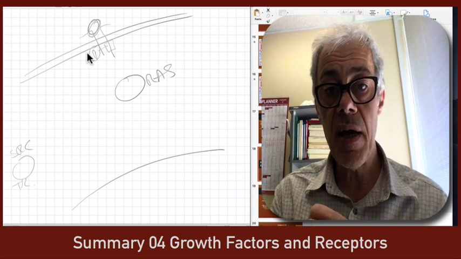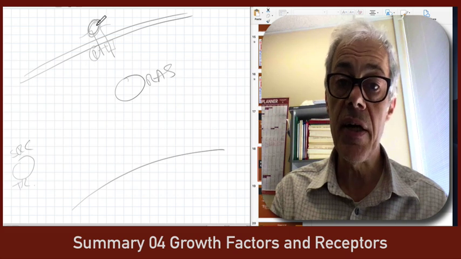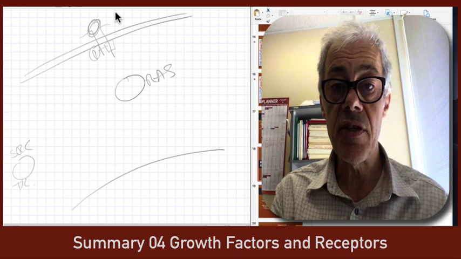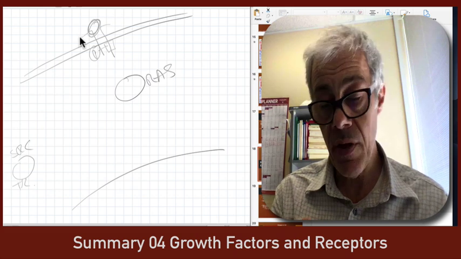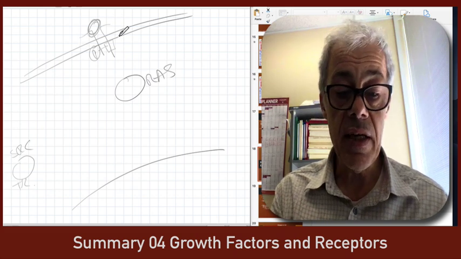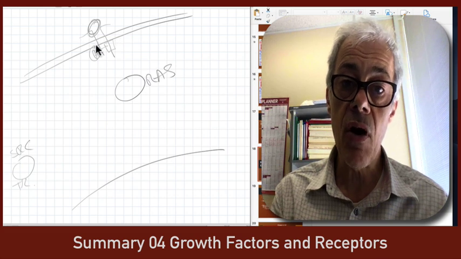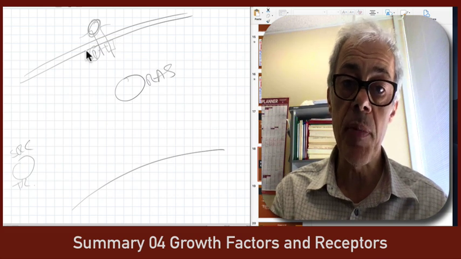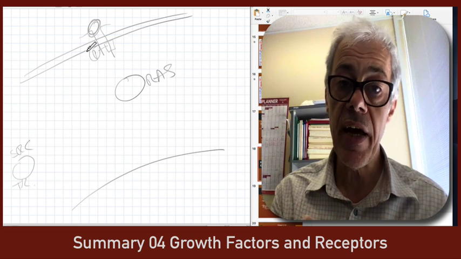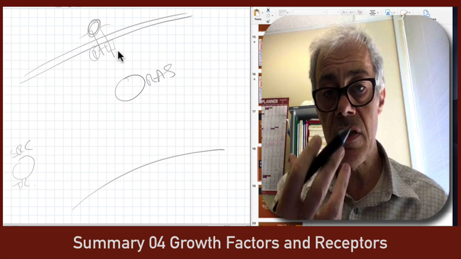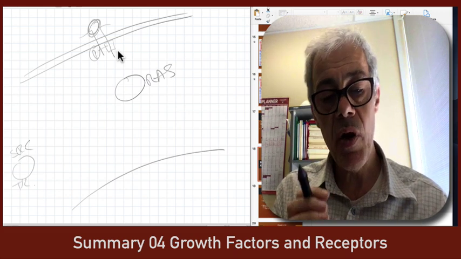So the first step in the signaling is the binding of the ligand. The second step in the signaling is the dimerization of the receptor. The third step in the signaling is the close proximity leads to the phosphorylation of the tyrosine residue by the tyrosine kinase domain. Okay, so you can slowly build up what is happening.